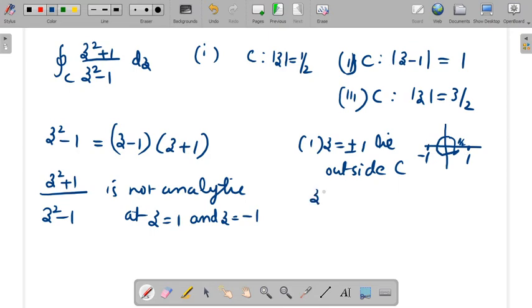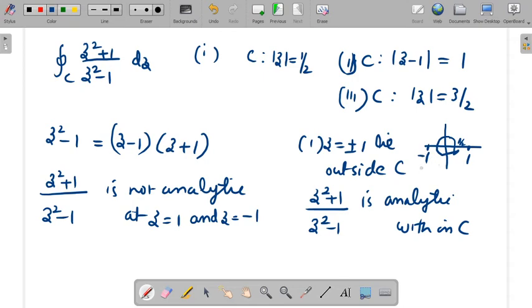So you may conclude that z square plus 1 by z square minus 1 is analytic within C. കാരണം രണ്ട് പോയിന്റ്സ് ആണ് അനലിറ്റിക് അല്ലാത്തത്, 1 ഉം -1 ഉം. ആ രണ്ട് പോയിന്റ്സ് സിയുടെ പുറത്താണ് കിടക്കുന്നത്. So this function is analytic within C.